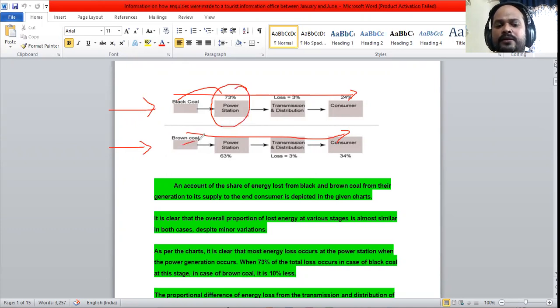And when this reaches the power station, this is the percentage of energy loss. I already said this is 73%, then I can say it is 10%. If I already said this is 63%, then I can say this is 10% more. So the comparison is very clear.